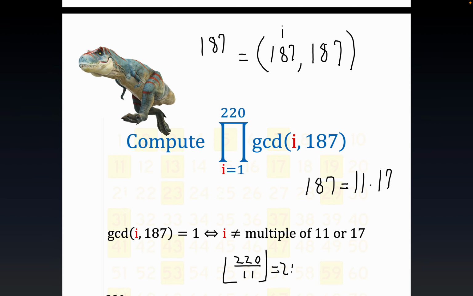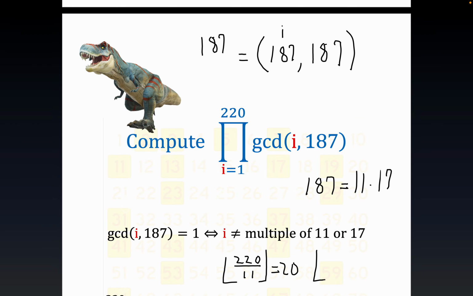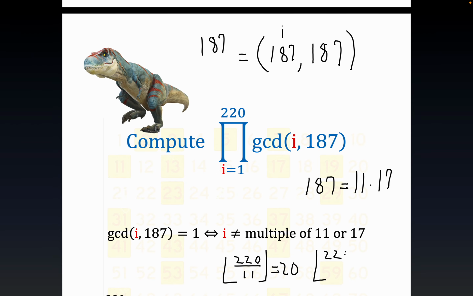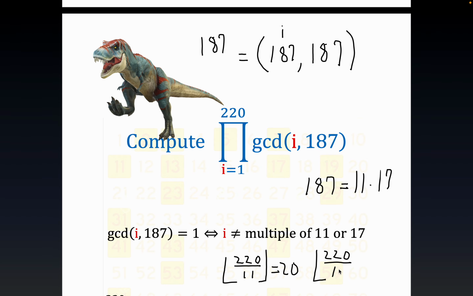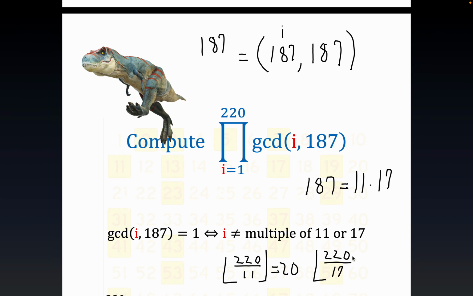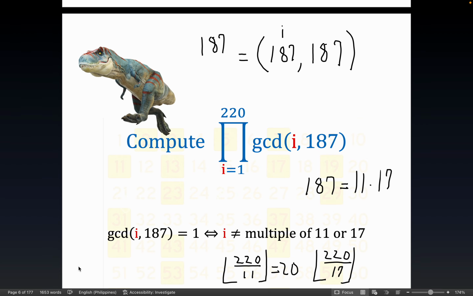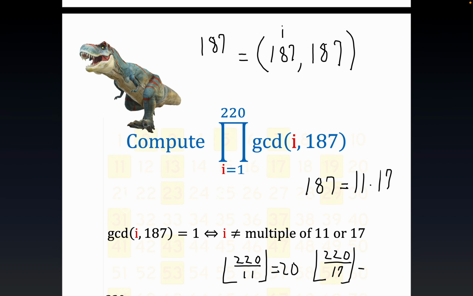All right, now we'll get our money's worth from the floor function on this next problem. 220 over 17, the floor of that quotient gives you the number of multiples of 17 that are less than or equal to 220. And 10 times 17 is 170, plus 34, so this would be 12.